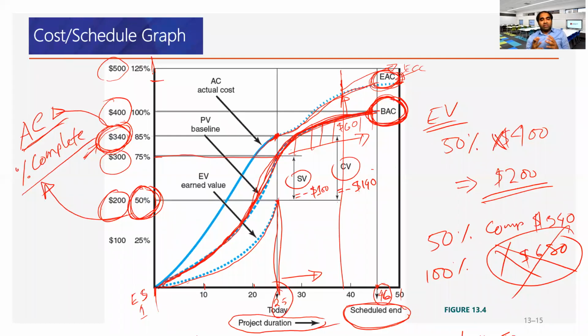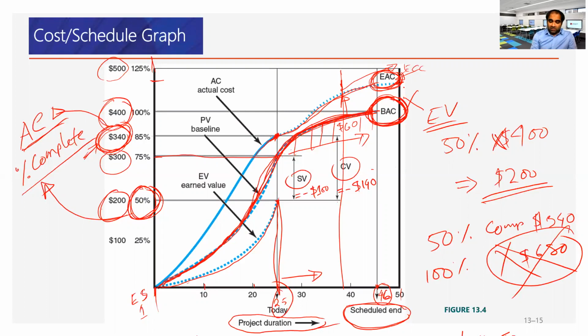As soon as you see that only 50% is completed at a cost of 340, which is almost close to the planned budget, but only 50% is completed, that means we need another plan to still keep the project within our control as much as possible. EAC serves the purpose of that. Because BAC failed, we can't complete it.